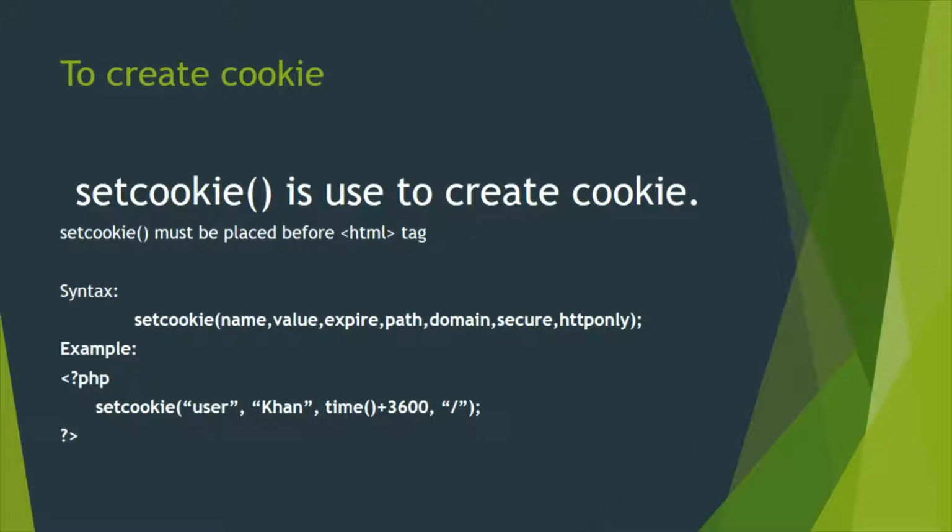After 1 hour, the user cookie will be destroyed. Slash is the path where the cookie is valid for the server so that other pages can share the cookie. Slash means it will be available to all other pages within the same folder.